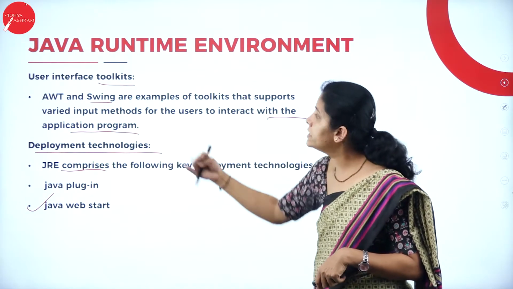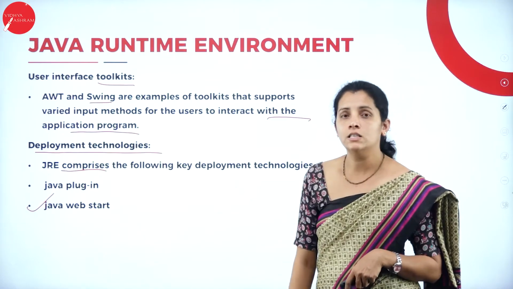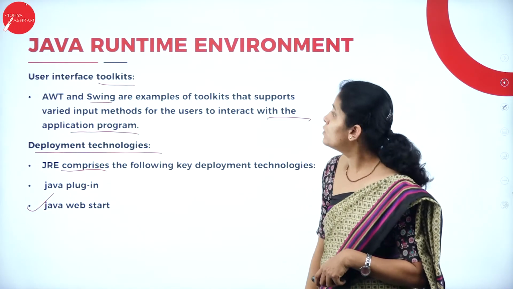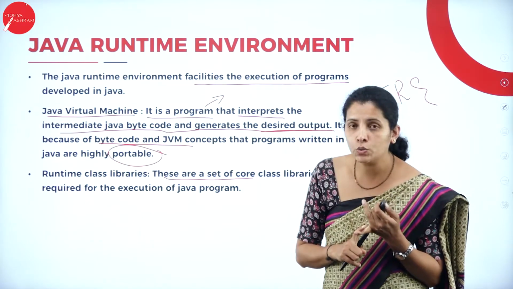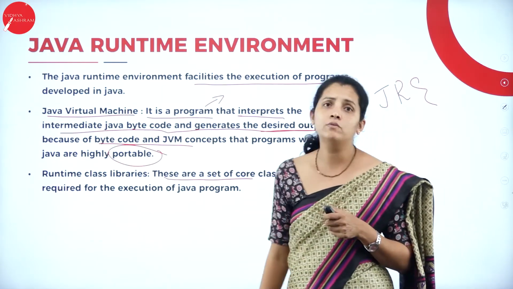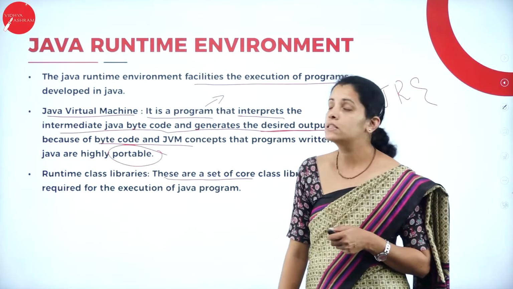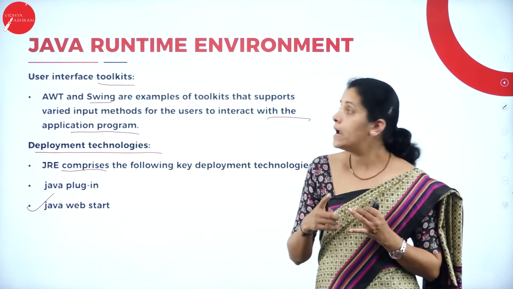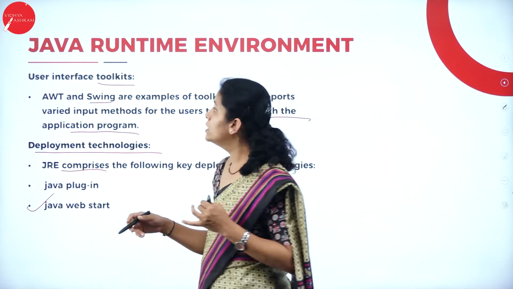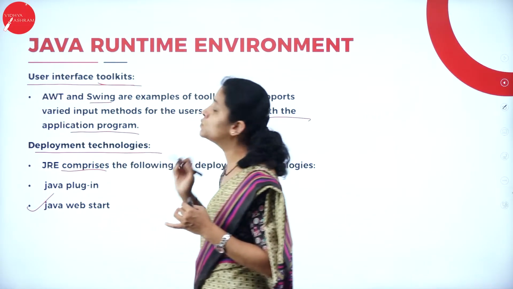So these are the topics that come under the Java environment. What are the topics we have? We have the Java virtual machine, then the runtime class library, then AWT, that is the user interface toolkit.